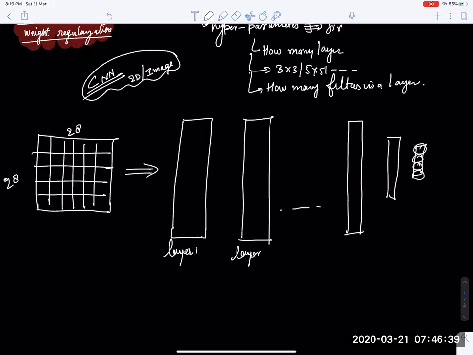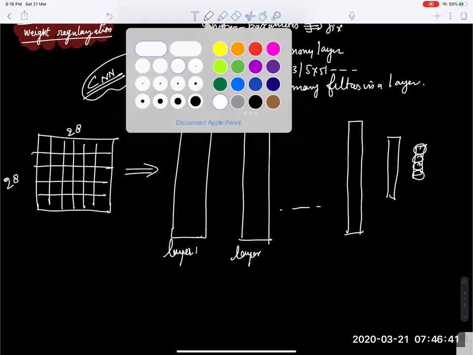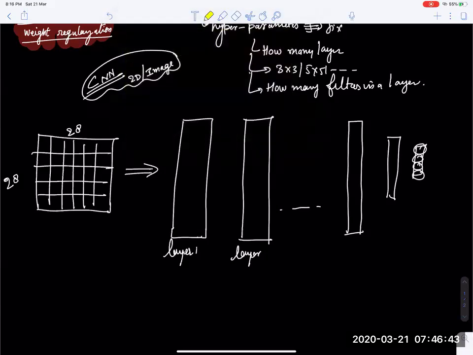So what I am trying to say is that every layer is going to ask what is the size of the filter that you are looking for. Suppose I say 3 by 3. It may be 3 by 3 or 5 by 5 or whatever; something one has to choose. And then you have to say how many filters of such type. Suppose for the initial layers I am looking for only maybe 32 filters.